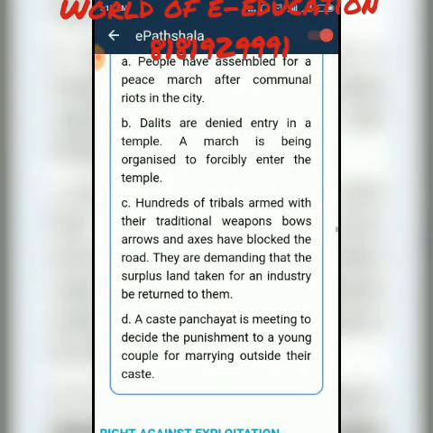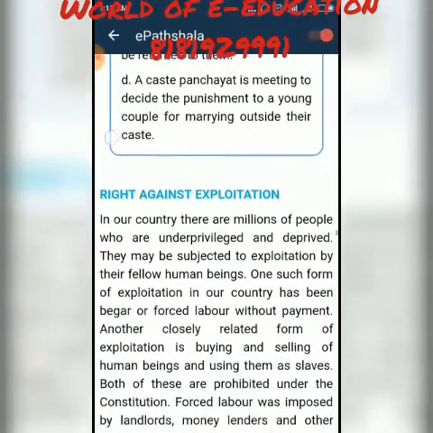C. Hundreds of tribals armed with their traditional weapons, bows, arrows and axes have blocked the road. They are demanding that the surplus land taken for an industry be returned to them. D. A caste panchayat is meeting to decide the punishment to a young couple for marrying outside their caste.